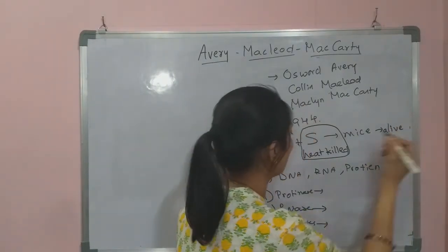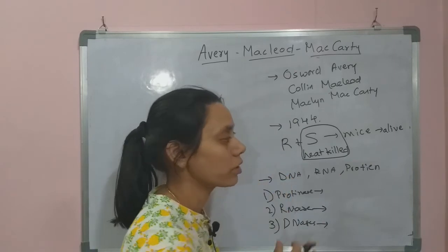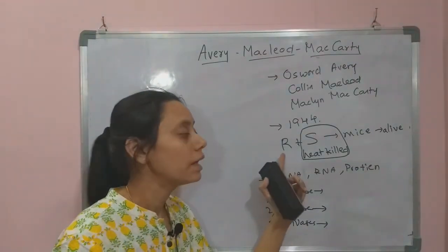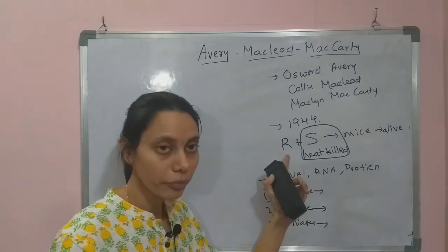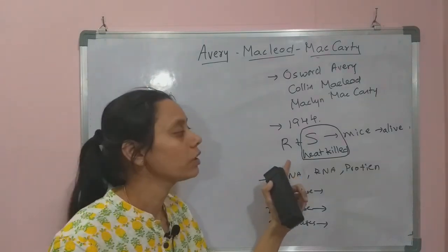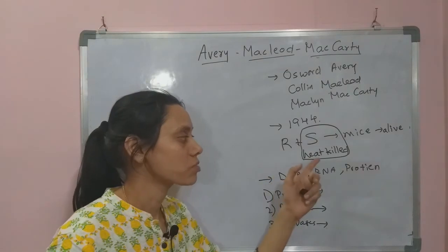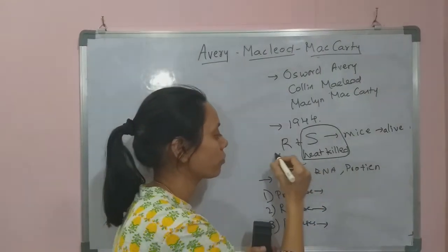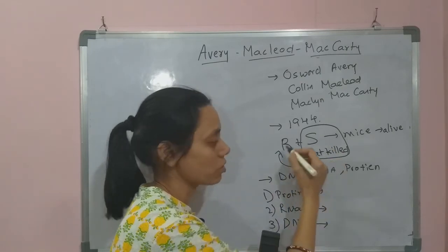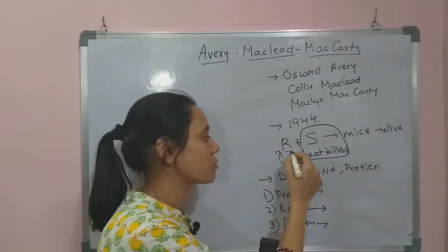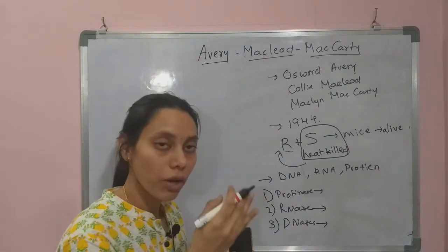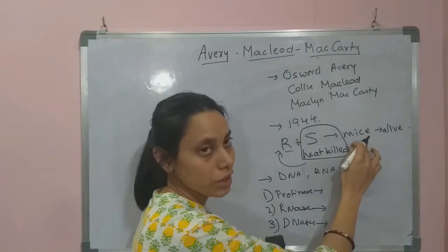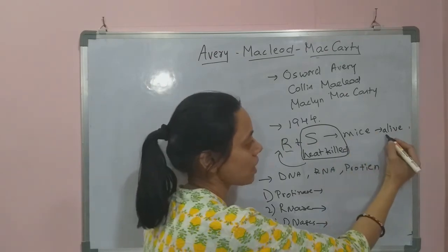That means the R strain was not transformed into a virulent strain because of the absence of DNA. The DNA was not transferred from the smooth strain to the rough strain, so the rough strain remained the same non-virulent strain, unable to cause infection, and the mice were alive.